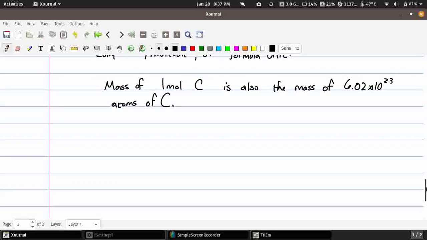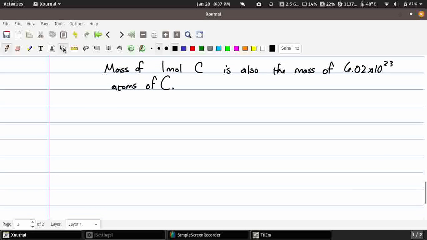So let's do this. So remember when we went over the periodic table, you had your atomic number on top and you have your atomic mass on the bottom. So interesting thing about your atomic mass is it is also your molar mass.